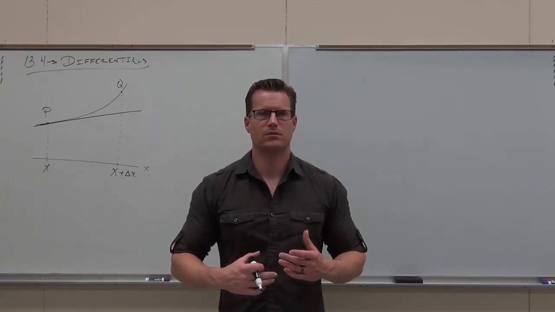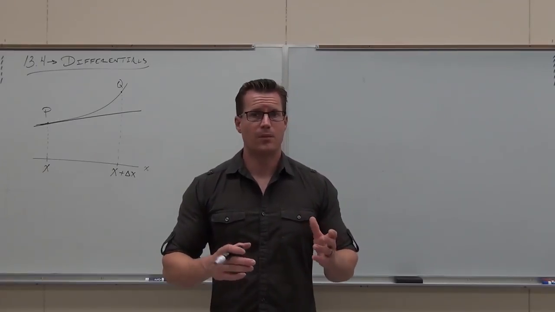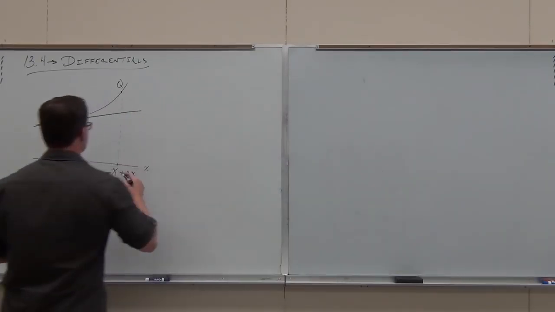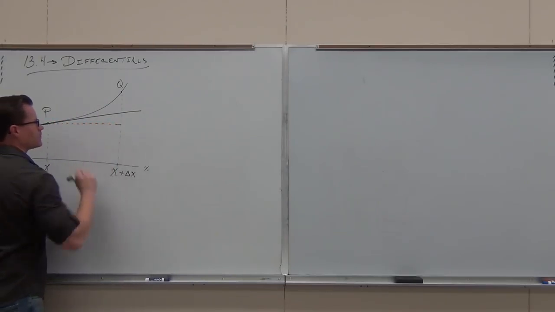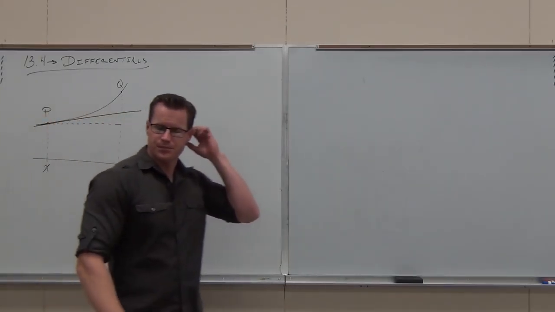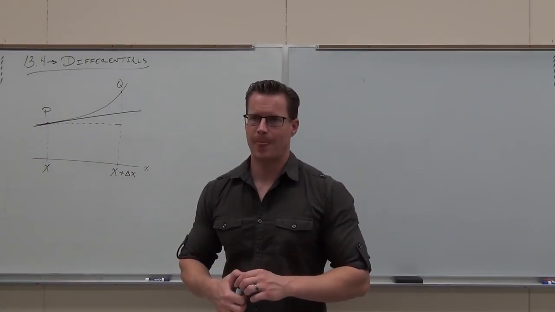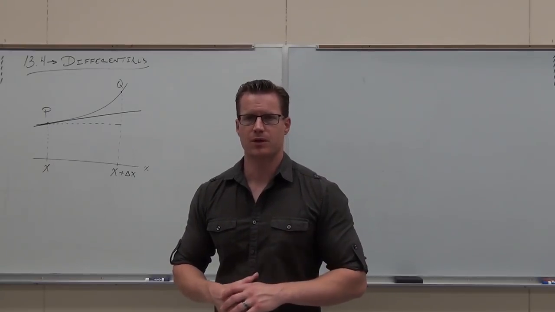Now, what's a differential? How's that differ from a derivative? Well, let's talk about some things here. First thing, does that tangent line perfectly represent the change from P to Q along the curve?